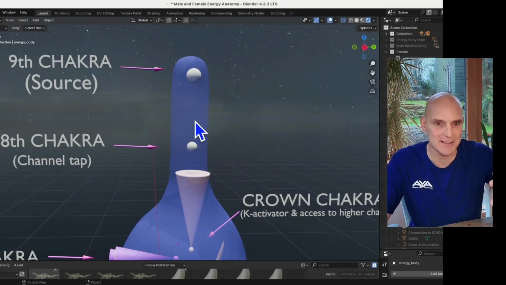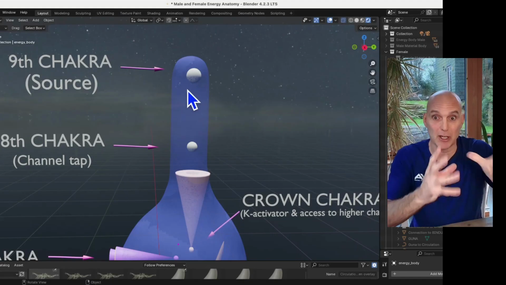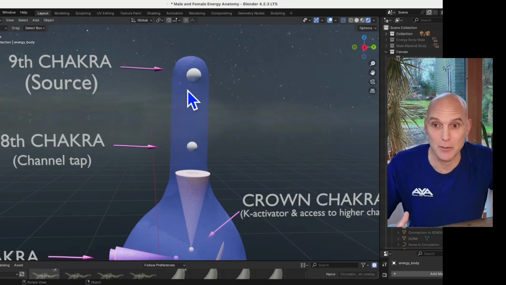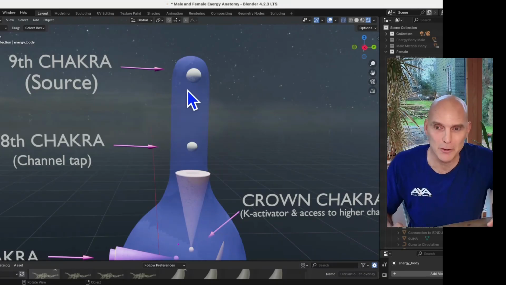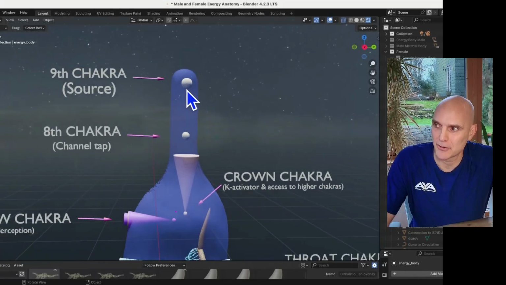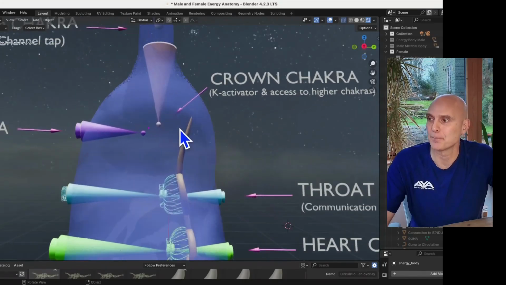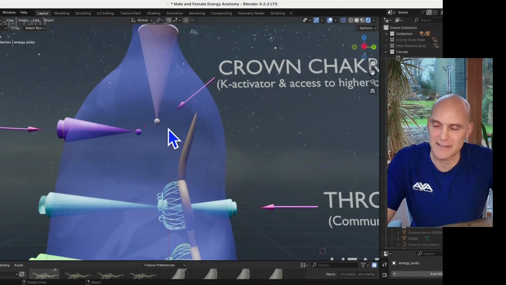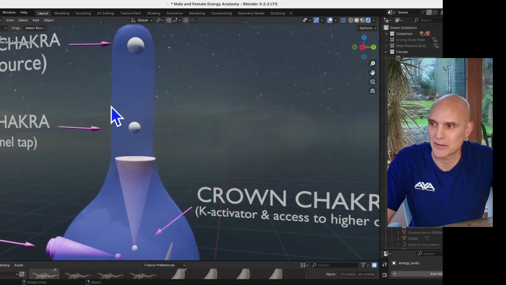And when the Kundalini system grows, the ninth chakra starts to grow, and it allows the Kundalini awakening, and it allows self-realization, which is the purpose of life. It's the whole purpose of the universe. So things start coming down from the ninth chakra through the process of self-realization. So the crown chakra itself is an activator of Kundalini, and also it has access, like a gateway to the higher chakras.